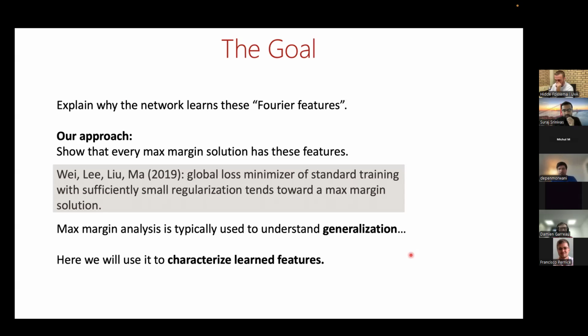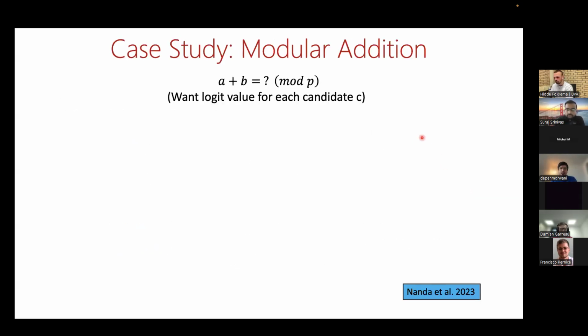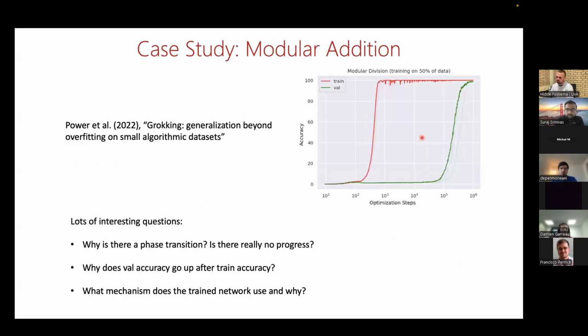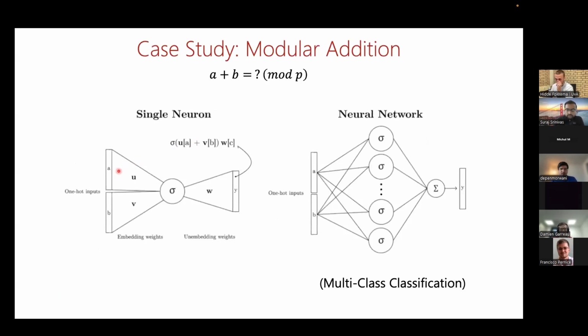Do you have a specific example of what a Fourier feature exactly looks like and how it's implemented by a given neuron? Oh yeah, I will definitely come to it afterwards, but we can basically think of it as, if we look at the embedding weights, let's say we just consider U, what we will see in the finally trained network is that this U, for a given neuron, is a vector of size p.